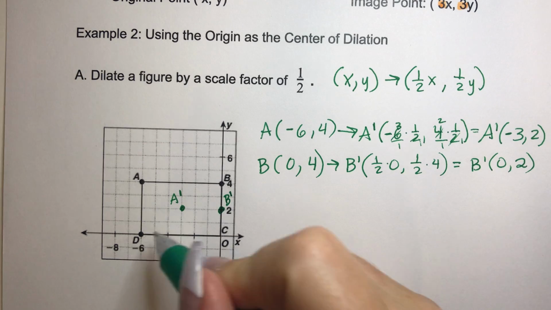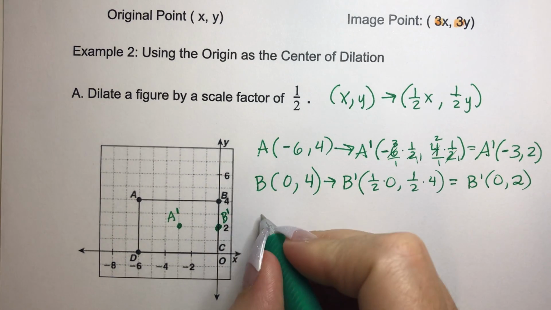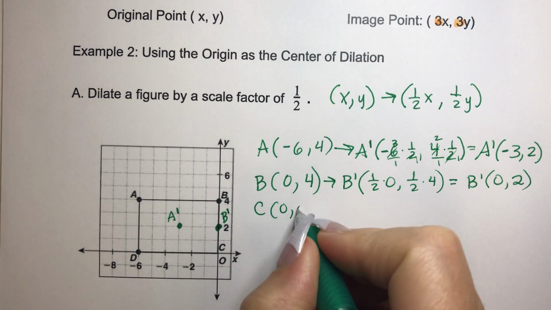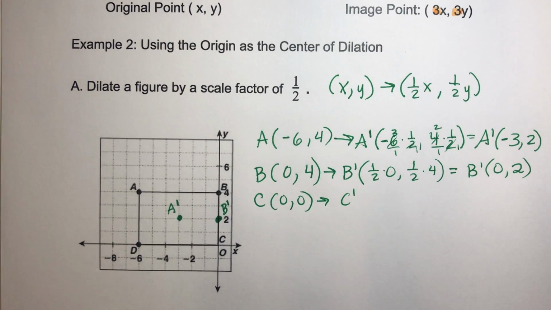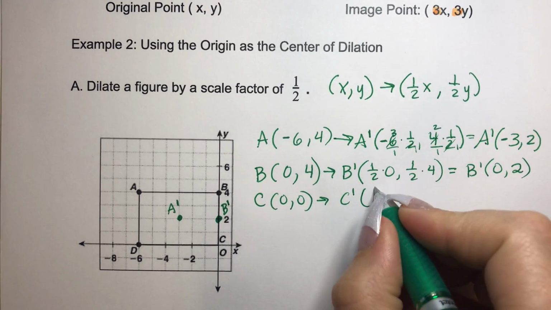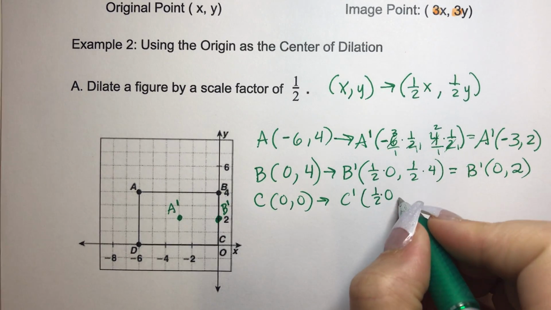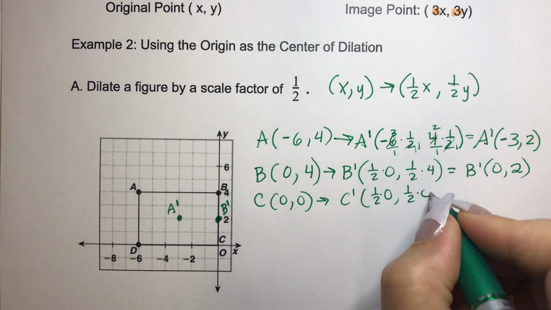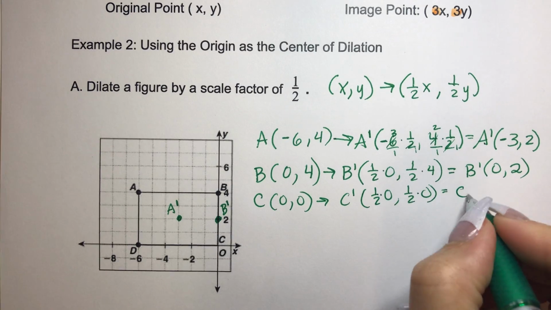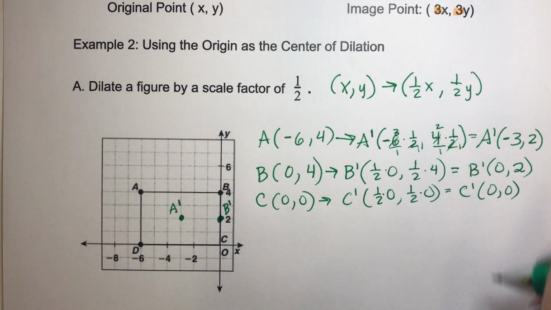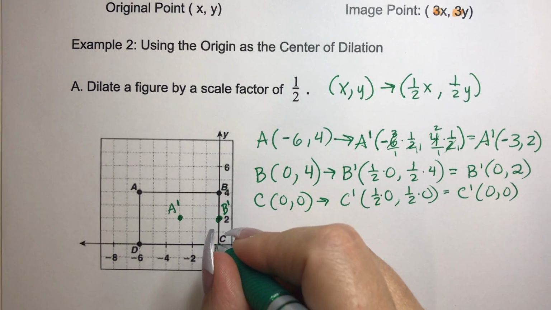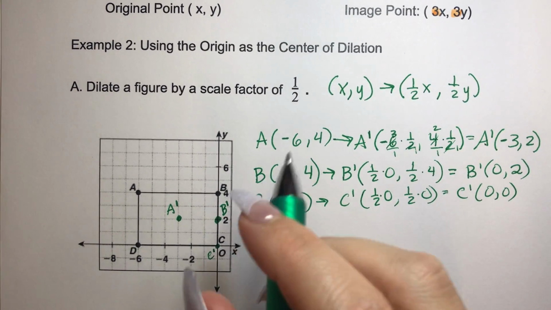Okay, and then we're going to go to C. C is pretty easy because C is just 0, 0. So when we go to C prime, we multiply 1/2 times 0, and 1/2 times 0. Anything times 0 is just going to be 0. So our C prime is still the same.